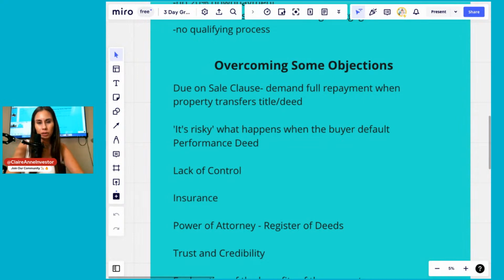And a lot of the time, the person who's paying the payment wants to go on title because they want to make sure that their payment is protected and that they're getting equity and they own the property. So this is not unusual business for the banks. The banks like one thing. They like money.